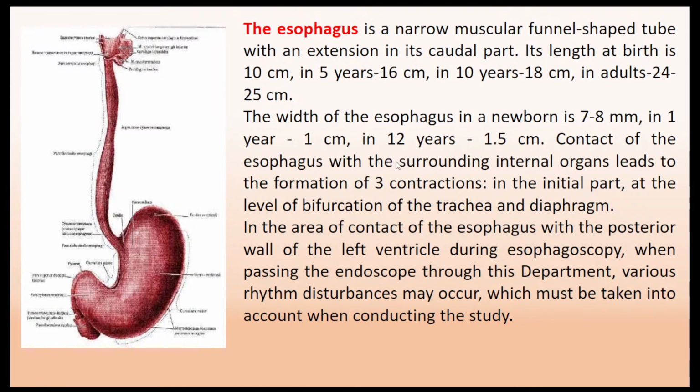Contact of esophagus with surrounding internal organs leads to the formation of 3 constrictions. In the initial part here, at the level of bifurcation of trachea and the diaphragm.